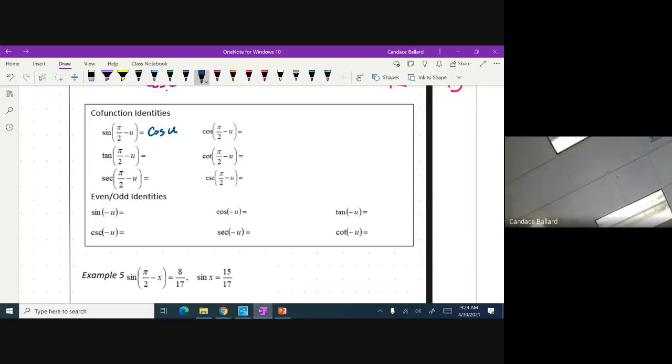Cosine of pi over 2 minus u is the sine of u. And the tangent of pi over 2 minus u, surprise, surprise, is cotangent. So they almost go with the reciprocals, not quite. And then cotangent would be tangent. Secant is the cosecant of u. And then cosecant is the secant of u.